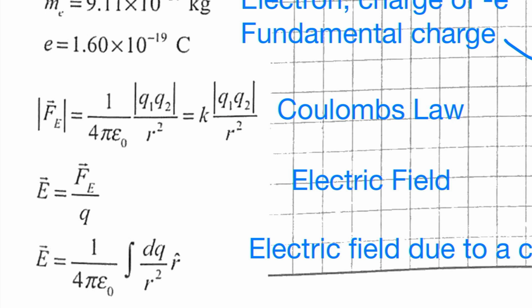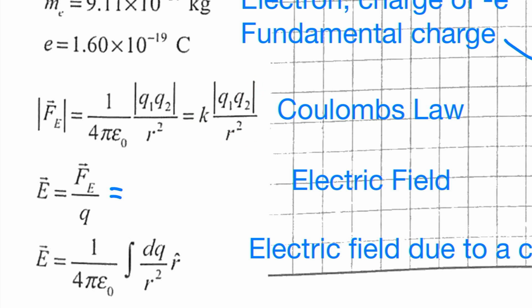Then we have a formula down here for electric field, which is electric force divided by charge. That is to say, the force per unit charge when you divide them. Another way of writing this would be to take this equation here, which is force, right?